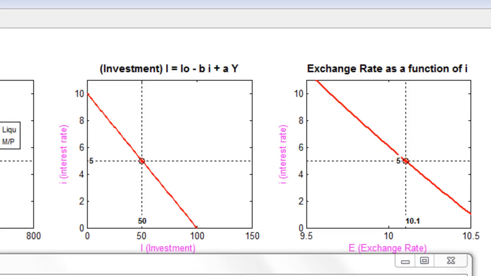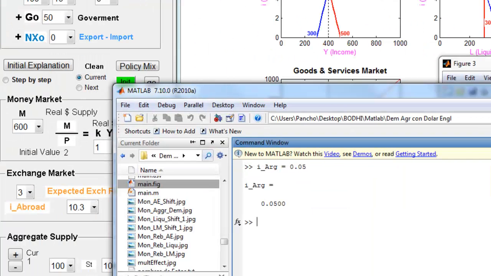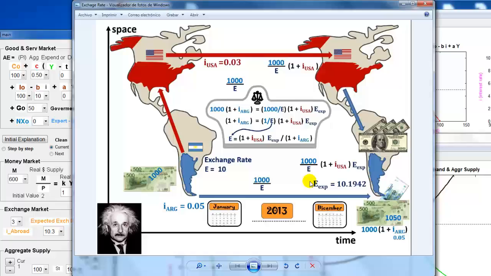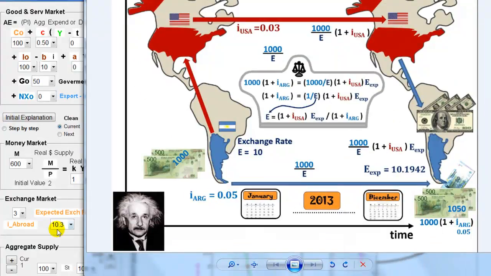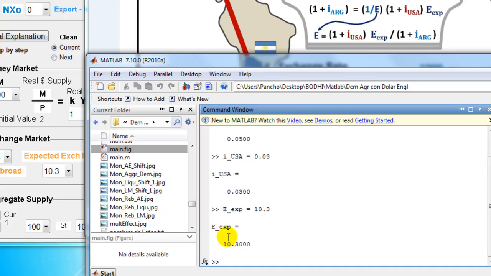So we know that the interest rate in Argentina is 0.05, and now we use the information that the interest rate in USA is 0.033, and instead of assuming that the expected exchange rate was this, we are going to assume that the expected exchange rate is 10.3. So we have E expected is 10.3.